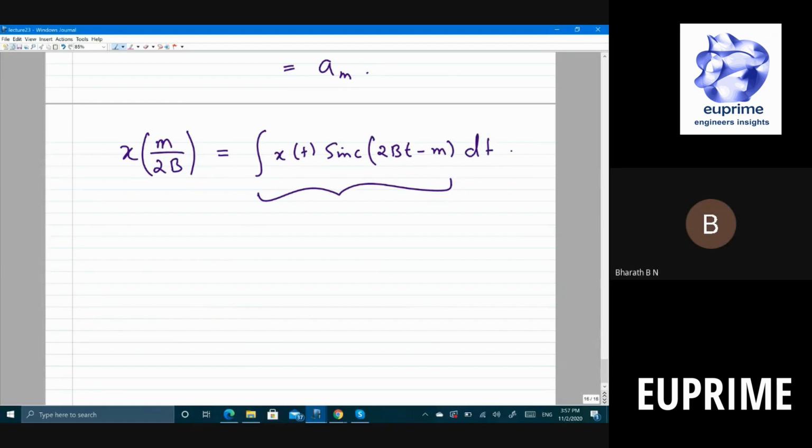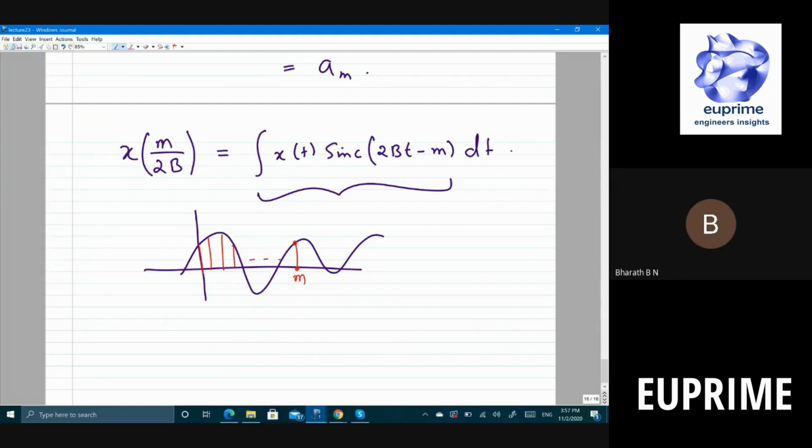This whole inner product is essentially taking, suppose this is the signal, the mth sample. This is the 0th, this is the first, second, third, and so on. You look at the mth one. So this is the mth sample. The corresponding amplitude is given by this inner product.